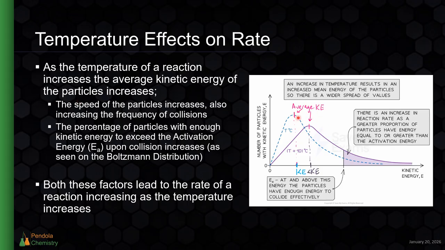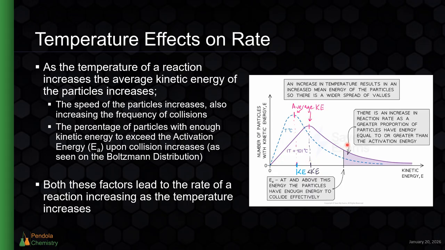So that's the first reason why temperature and rate have a direct relationship. As temperature goes up, so does the rate of the reaction. Why? Because the average kinetic energy is higher, meaning that the particles are moving faster, leading to more frequent collisions. But that's not the only thing that happens.